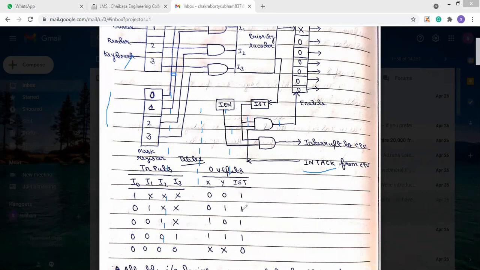If 0 and 1, this also means interrupt is handled. If 1 and 0, this interrupt will be handled. And if IST value is 0, that means we have a don't care condition. Our input output device will not generate interrupt. If no interrupt is generated, that's why X and Y value is X and X, means don't care condition.